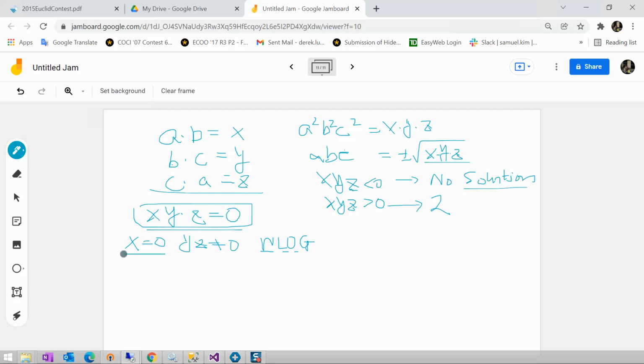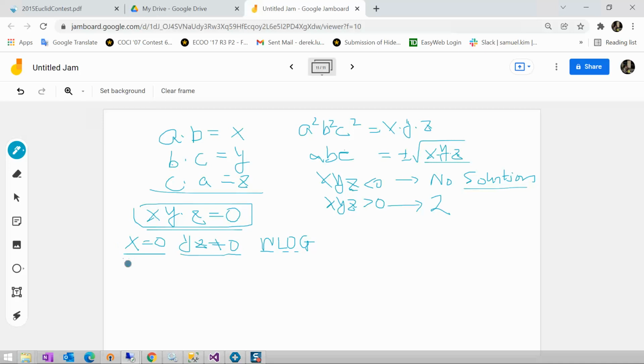So if x equals 0, then one of a and b must be equal to 0. If one of a and b is 0, then one of y and z must be equal to 0. This is against that assumption, so it definitely cannot happen, right?